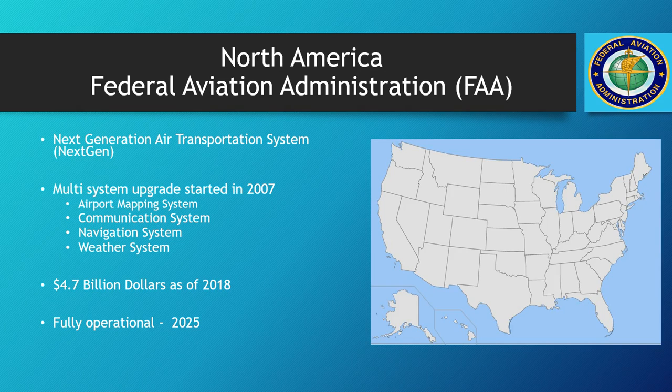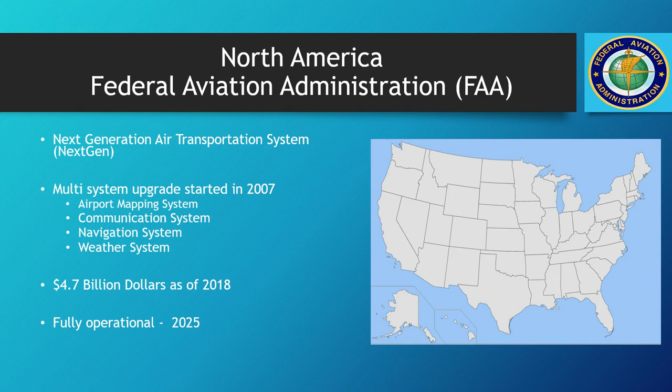As both an innovator and early adopters, the North American region is being led by the Federal Aviation Administration. Since 2007, the FAA has developed the Next Generation Air Transportation System, or NextGen. The NextGen system is a conglomerate of many technologies and procedures that have been developed and implemented through safety testing.